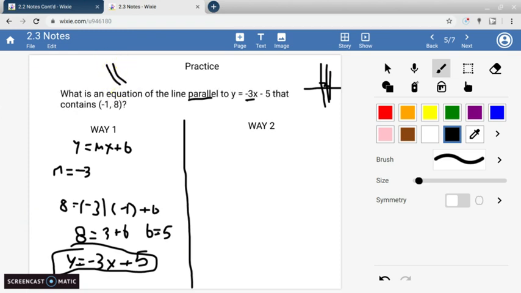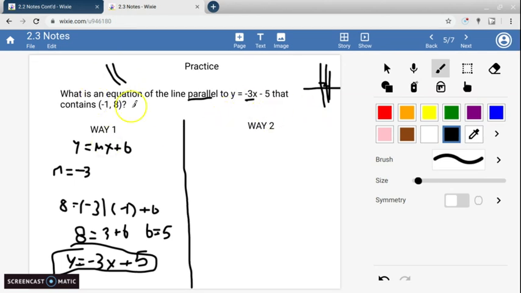Now the way number 2, so you don't have to know both ways. Just pick a way that you think is good. The other way that you could have done it was, I'm not going to write it because that will take a long time, but it is the equation y minus y1. Sorry, you can rewind it to see it, but y minus y1 equals m times, in parentheses, x minus x1.